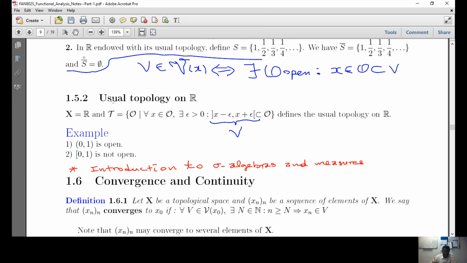Okay. Now, this is a formalism. We are trying to formalize the usual topology of R using the previous definition. That is, X is R, and now T is our topology. This is how we define it. We know that an open set, as we already said, that's neighborhood, right?